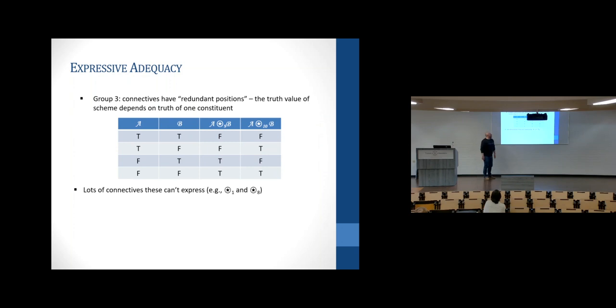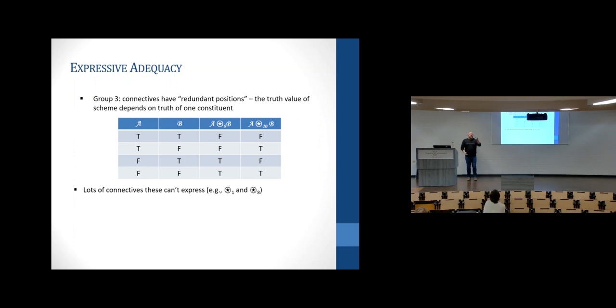And notably, these ones also don't capture all the things we want to do because there's lots of ones that they just simply can't. It's an easy one. Neither of these adequately expresses what we called 1 star earlier. And if we're interested in complete expressive adequacy, it has to be able to capture every truth function.